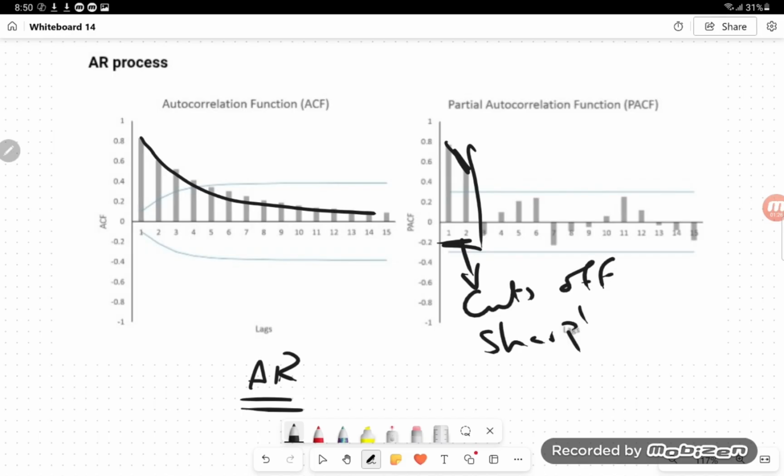So it cuts off sharply after 2. So this means that this is an AR2 model. So from ACF, you determine whether it is AR or not, and from PACF, you determine the number of lags or the p order.